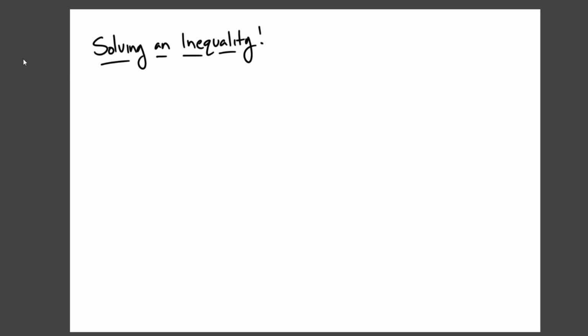Last thing I wanted to do, one more question for you guys as a last example. We have negative 4 multiplied by x minus 3, close parenthesis, is greater than or equal to 8. This little or equal to sign, nothing's changed. Everything's still exactly the same.